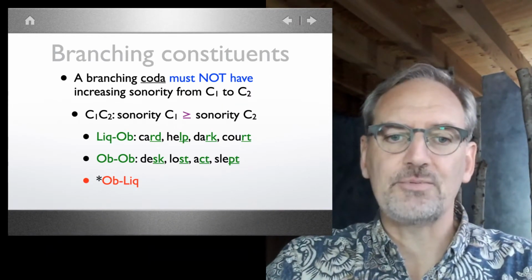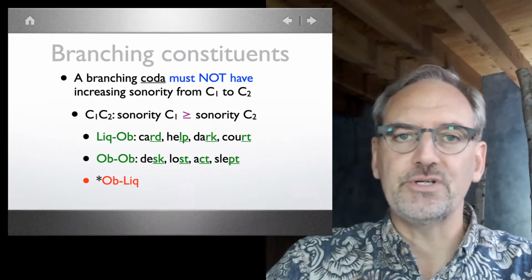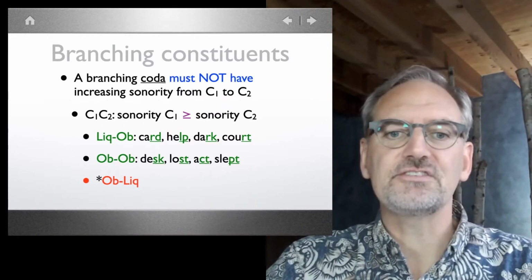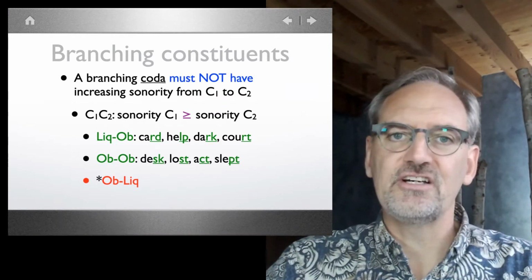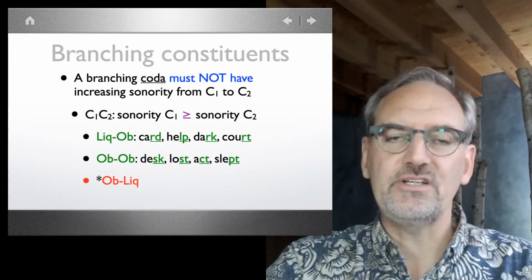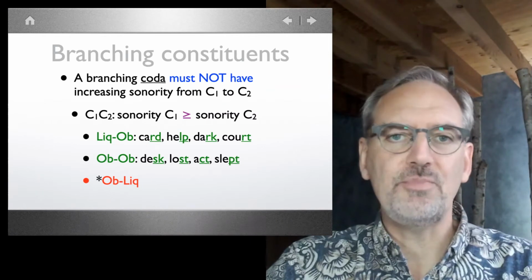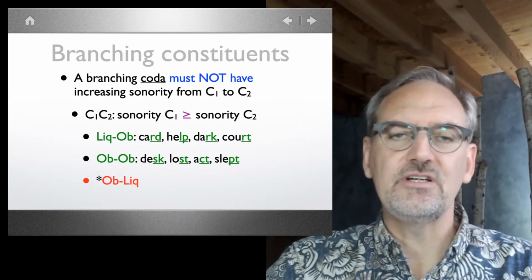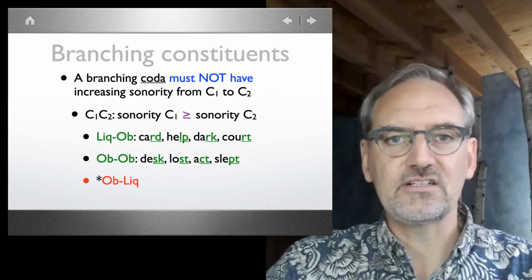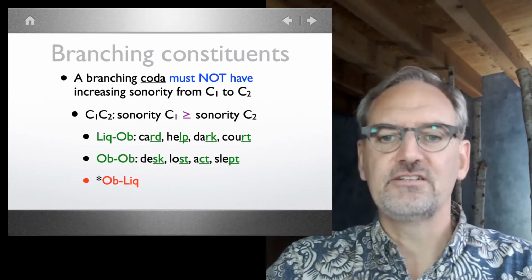And so we see examples like liquid obstruent coda clusters, like in the word card. R is a liquid, D is an obstruent. Help, LP, help, liquid obstruent coda cluster. Dark, court.